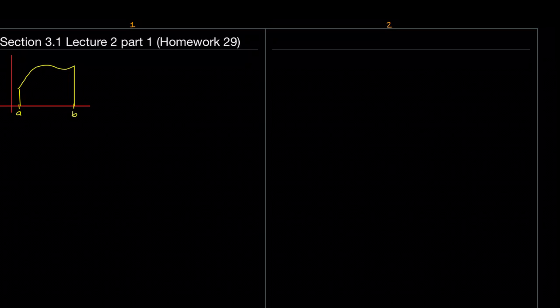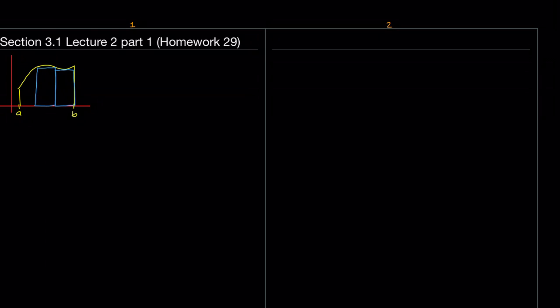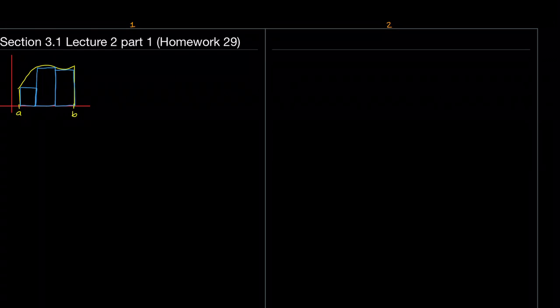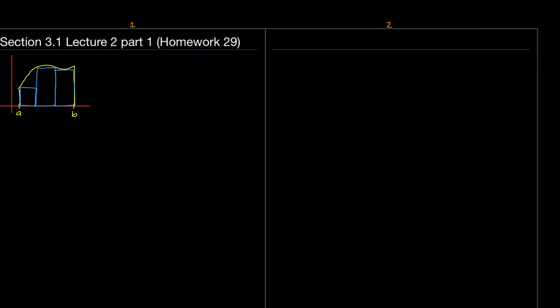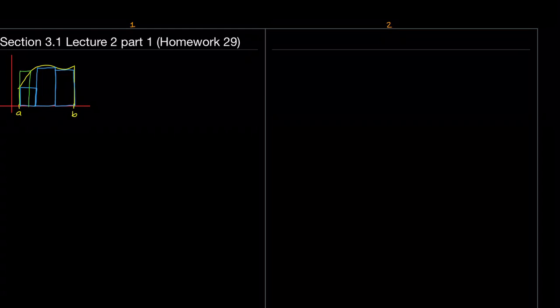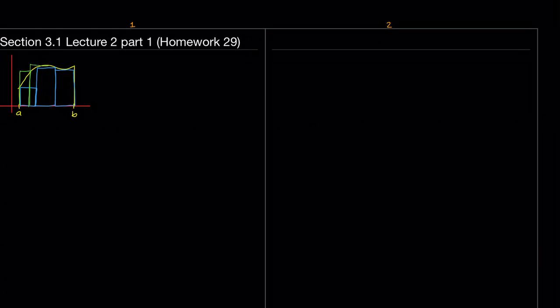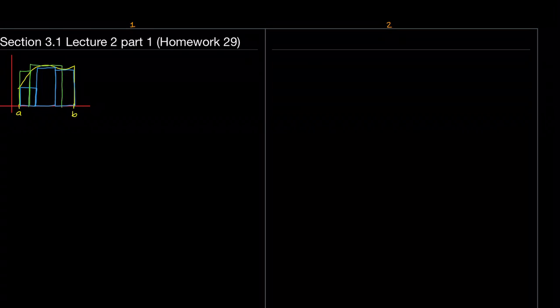And we've seen you can get a series of lower Darboux sums. That's the area of rectangles like this. And you can also get an upper Darboux sum. That would be the area of rectangles that look more like this.